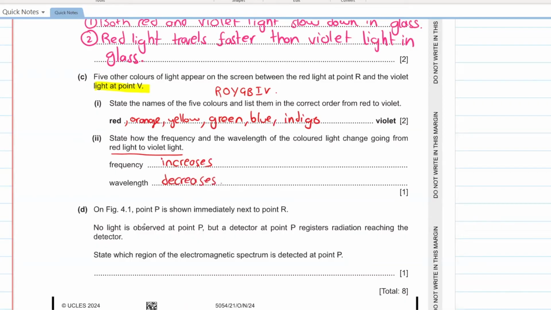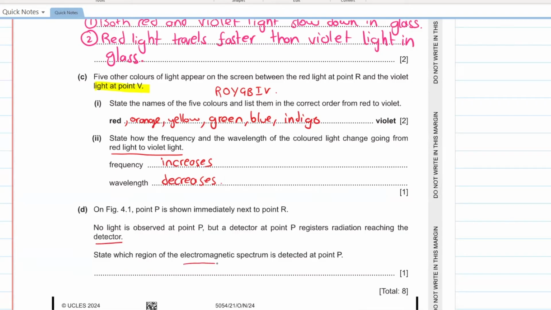Please remember this. On figure 4.1, let's see what the examiner has told us. On figure 4.1, point P is shown immediately next to point R. No light is observed at point P. Perfect. But a detector at point P registers radiation reaching the detector.